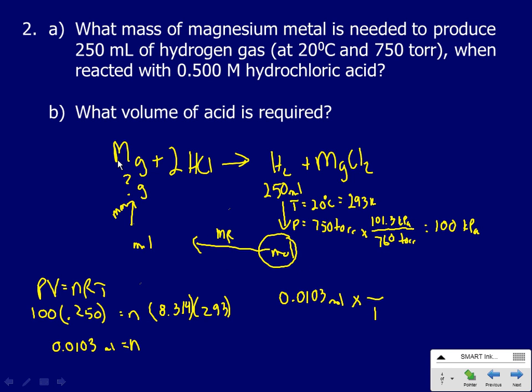What I want it to become on the top, 1. And now I need a molar mass of magnesium, and I need to have grams come out at the top. And what is that molar mass? Paisley's looking at it right now. 24.3 grams per 1 mole. And then you complete it.